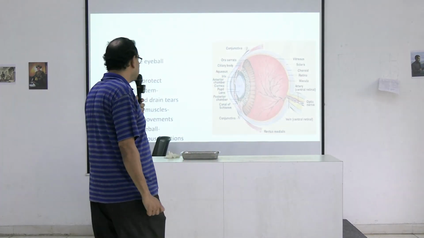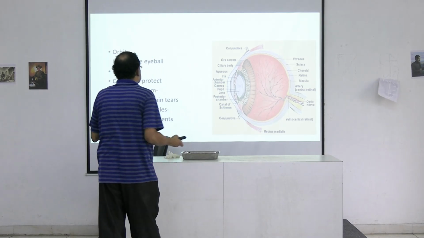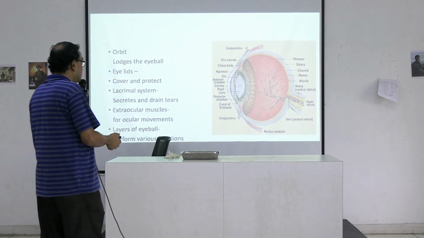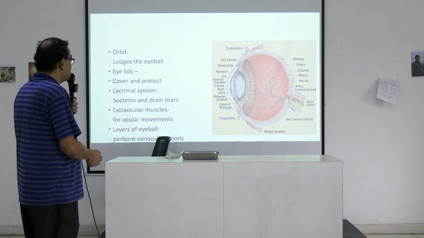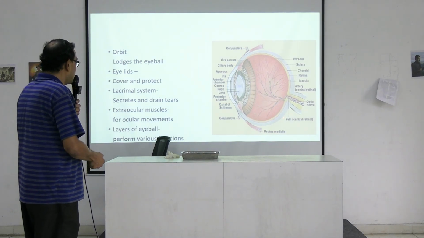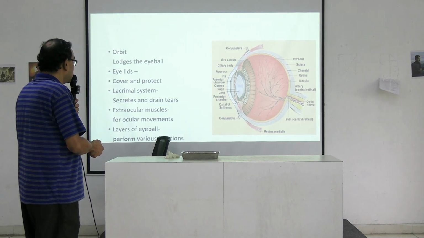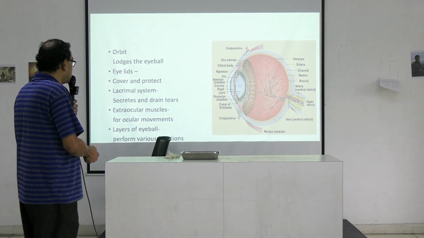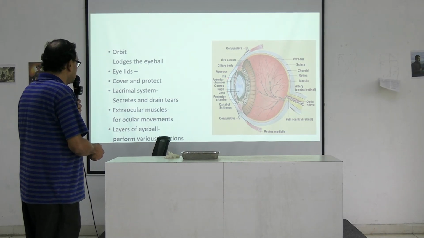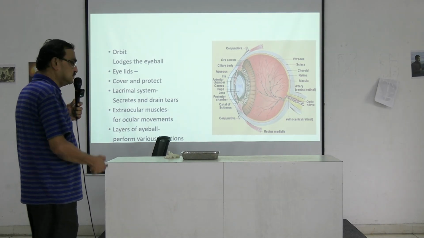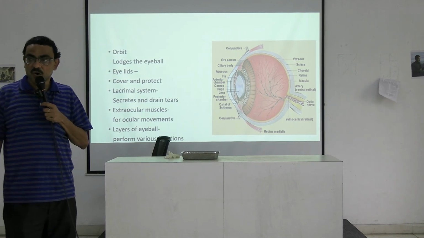So most outside we get this fibrous layer, which is called the sclera, which becomes transparent in front, which we call the cornea.